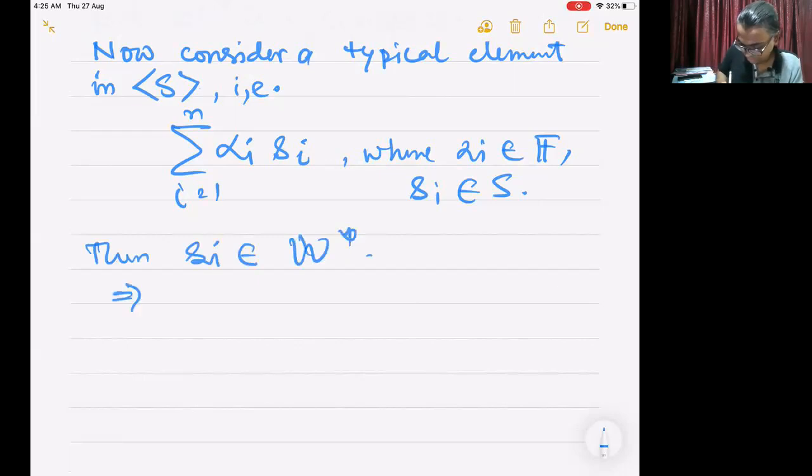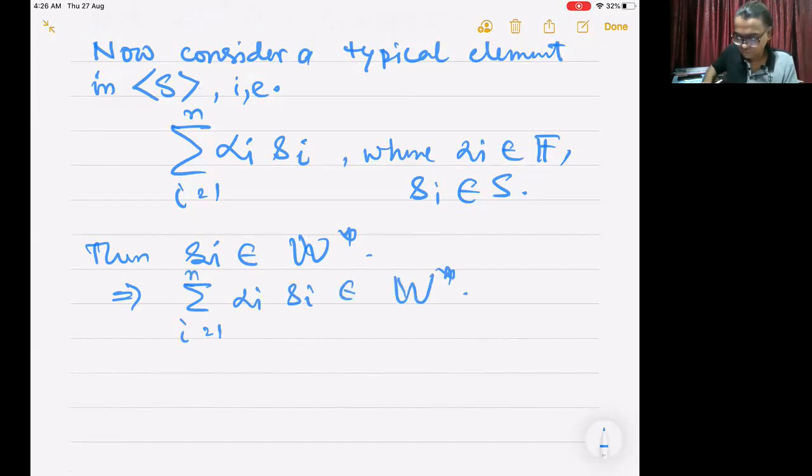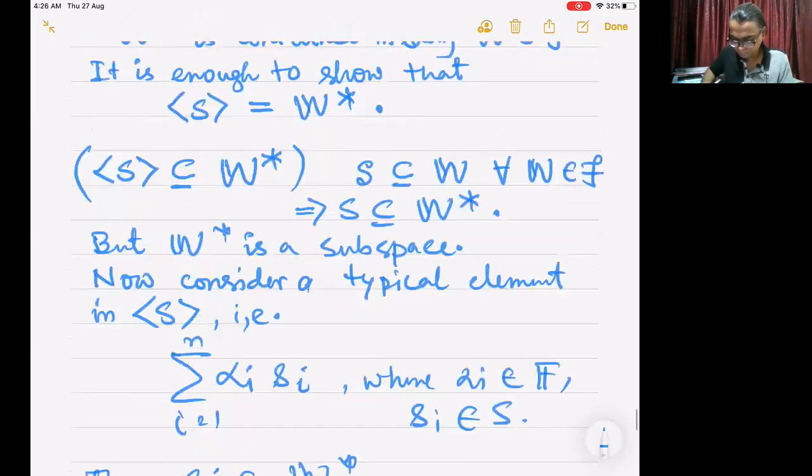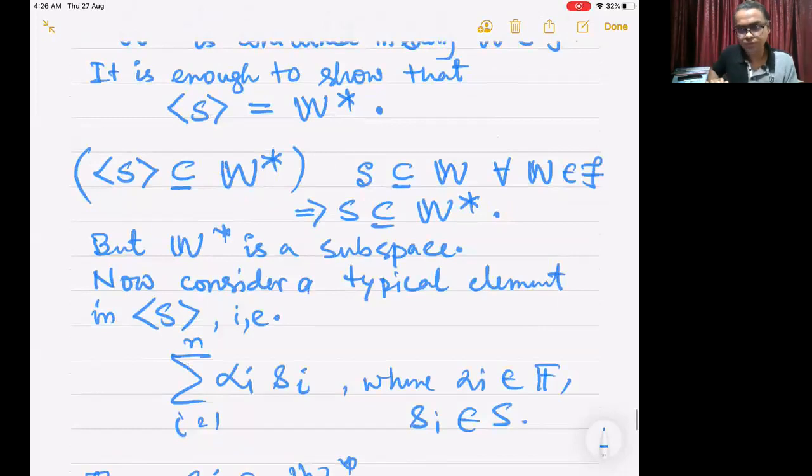So this implies summation alpha I Si, I going from 1 to n, must also be there in W star. Right? So this proves that this direction is there.